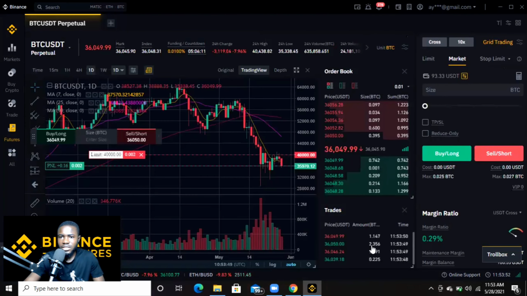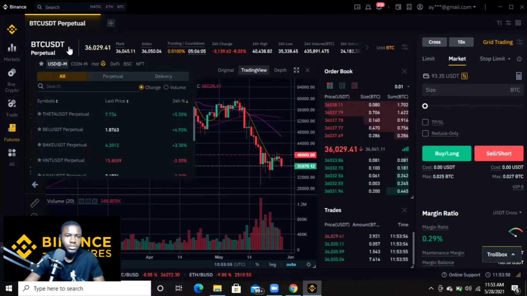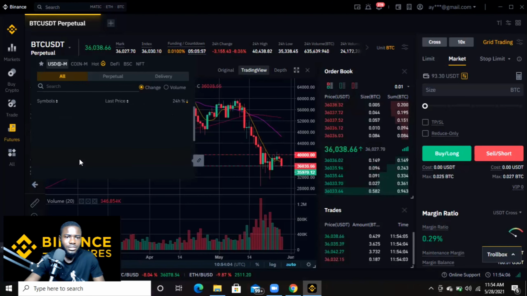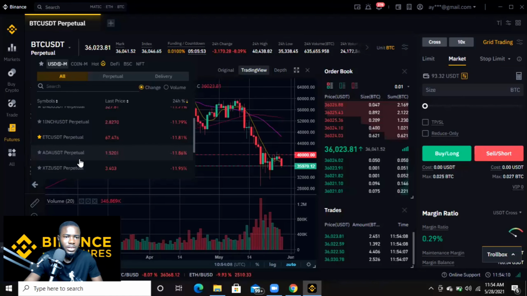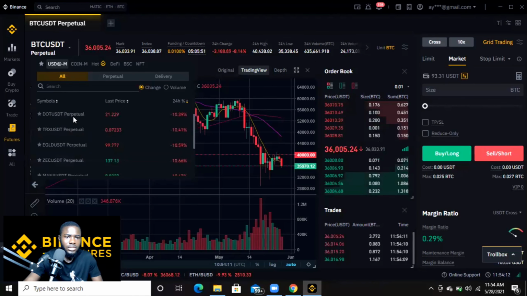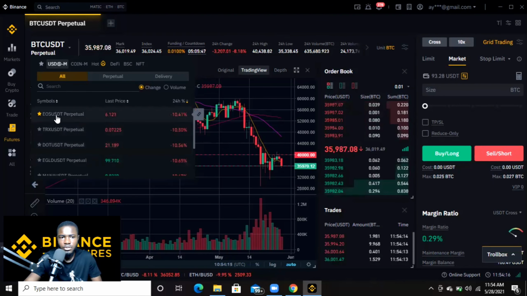So basically, that is how to enter trades when it comes to futures. I also forgot to mention that you can trade different instruments in the futures market. So this is Theta USDT, Big USDT. There are a lot of instruments that you can trade in the futures market, and it's really not limited to BTC or Ethereum.